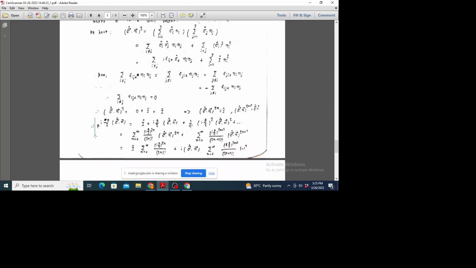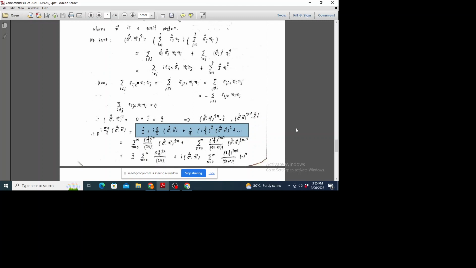Of course you know the exponential of an operator is its expansion in terms of the infinite power series. So nothing fancy.